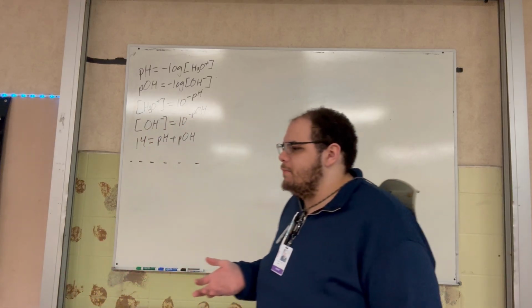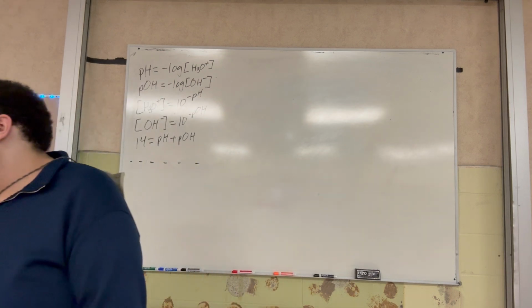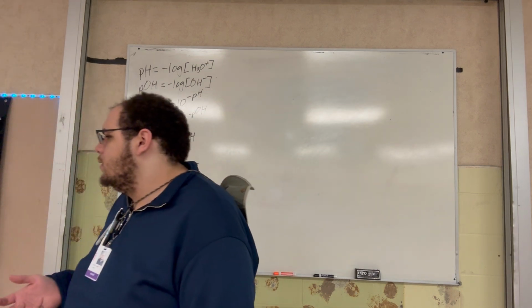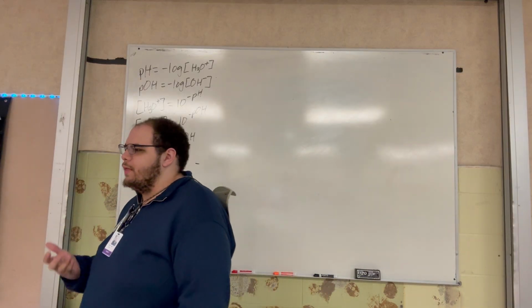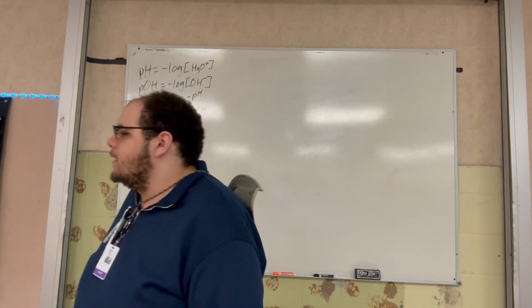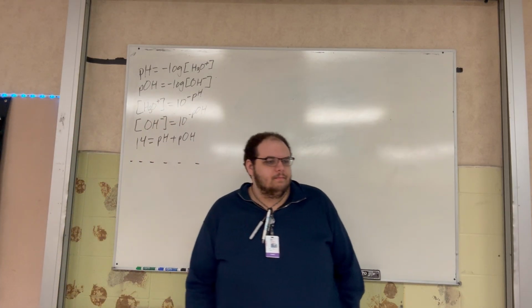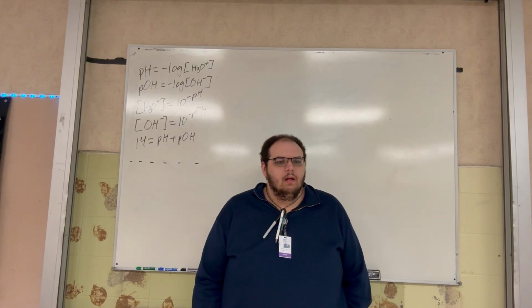It's an easy way to remember, because if you remember, what do all acids start with? What do most bases end with? pH only has an H, mainly looking at it with acids. POH ends in OH, typically looking at it with bases. Cool? Can I move on?